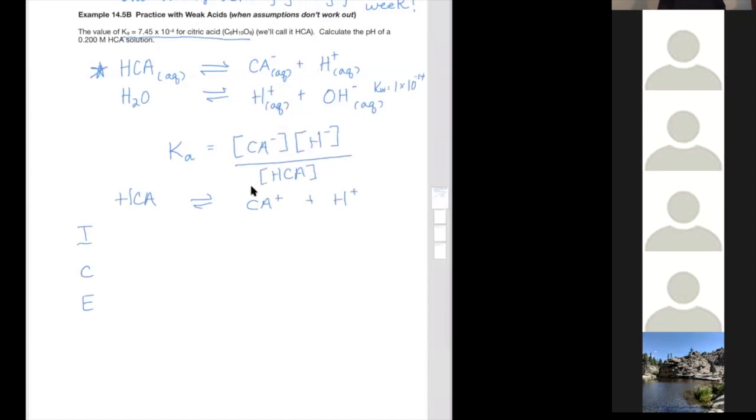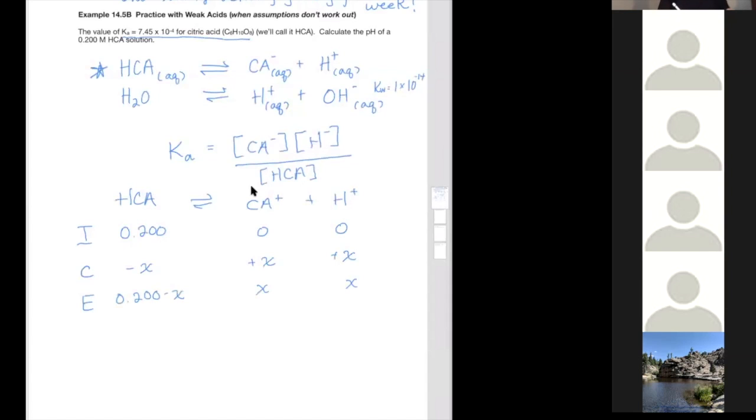Initially, we have a 0.2 molar solution. We know that initially there's no CA or H. It's a 1-to-1 relationship, so the change is negative X, plus X, plus X. And then the final at equilibrium, adding up our columns here.